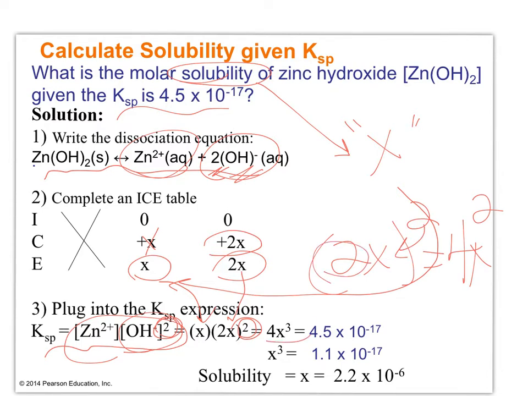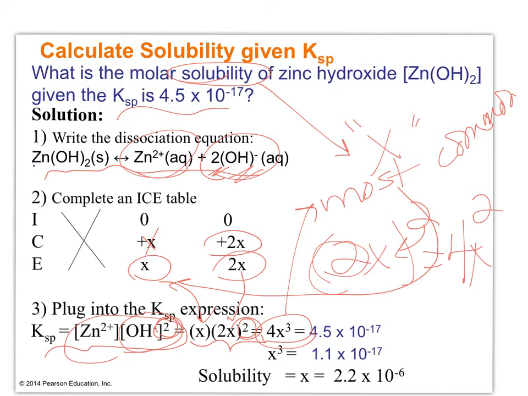So when you complete the math on this Ksp value, you get 4x cubed. 4x cubed is the most common expression you will get when you're solving Ksp problems. So if you find yourself with something like 2x squared or 4x squared or something, you probably made a math error and it's worth just checking your work.